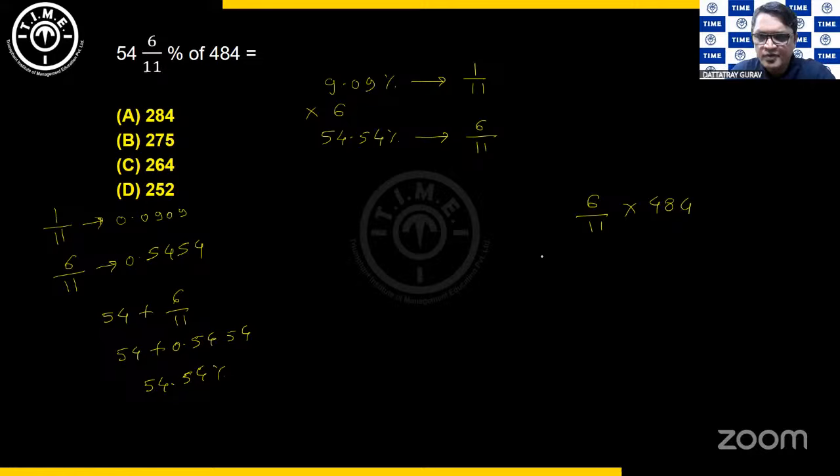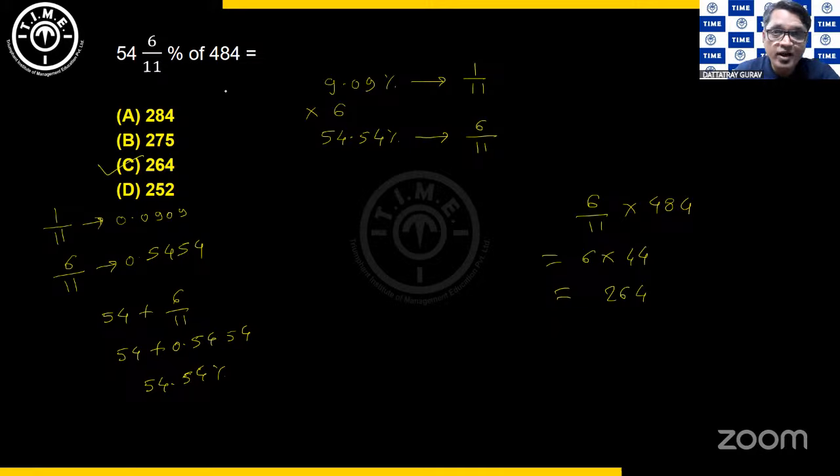If I simplify this, 484 divided by 11, starting with 4, it becomes 44. 44 into 6. Just multiply this, 6 4s are 24. It will be 264. Option C is the answer.